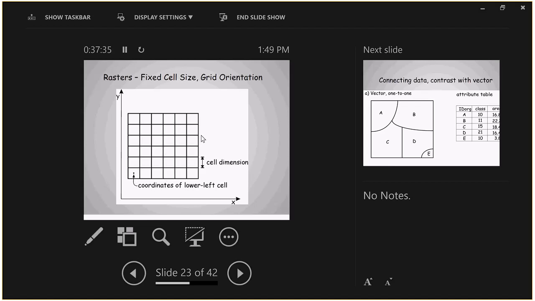You're not going to have to calculate that position, but that's how the computer does it. If you ask the GIS for the value in this cell and its position, what it does is it finds out what row and column number it is, and then figures out the position of this cell and just calculates that value for you and returns that value.